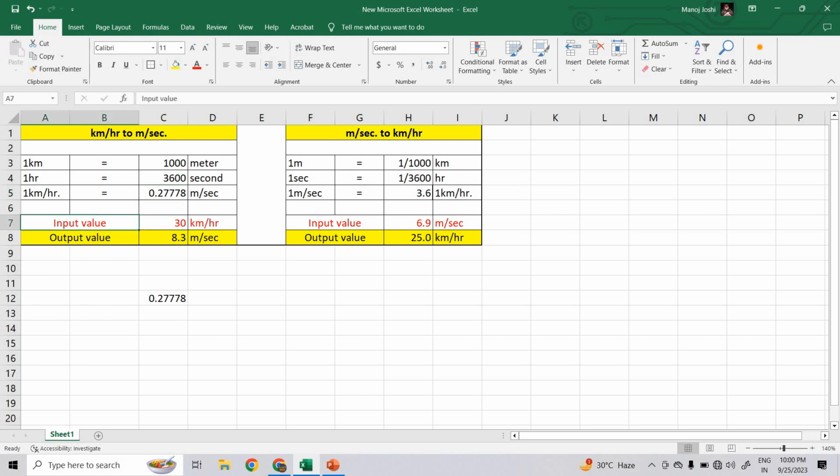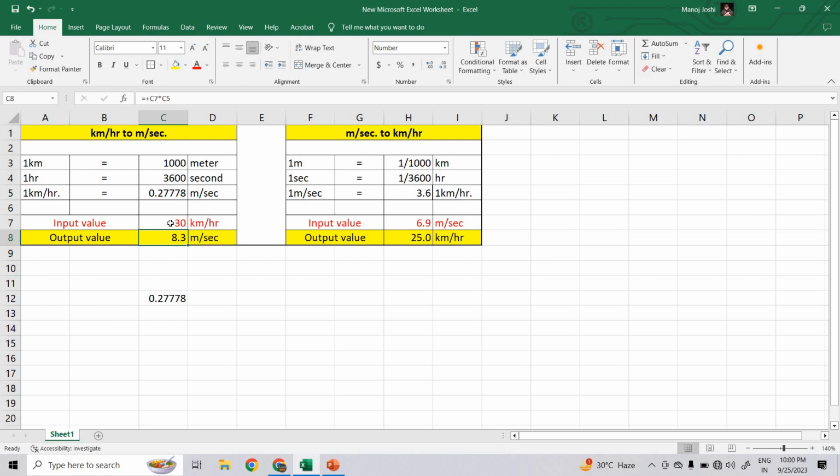Now in the input value, whenever I put the kilometer per hour, I should get the meter per second value, right? So this is your input value, the red one. Now in the output value, what I have done, I have multiplied this kilometer per hour with this conversion.